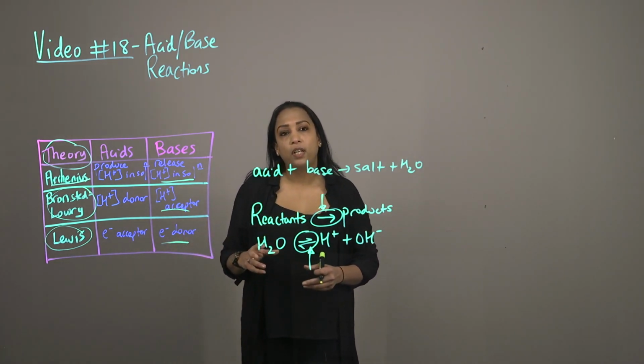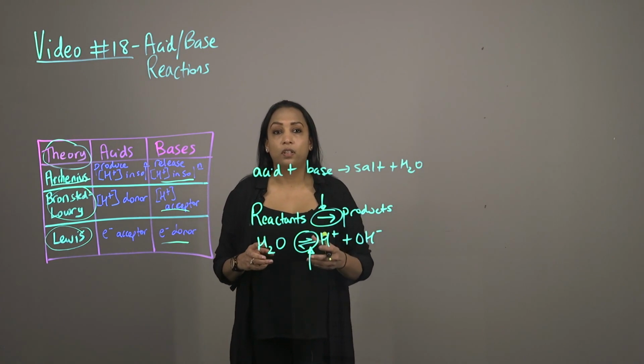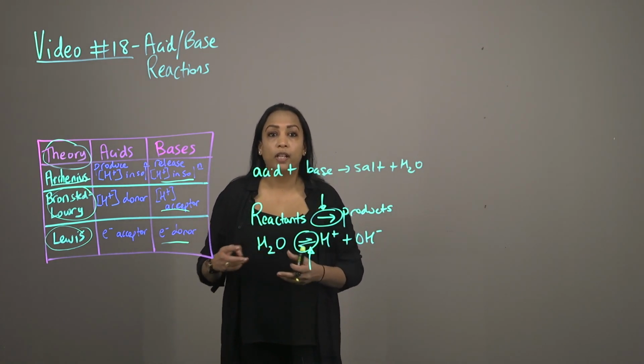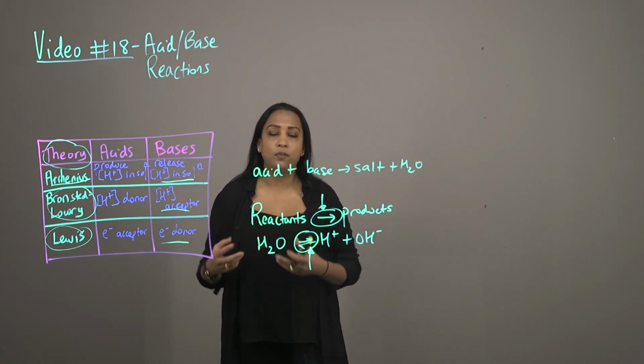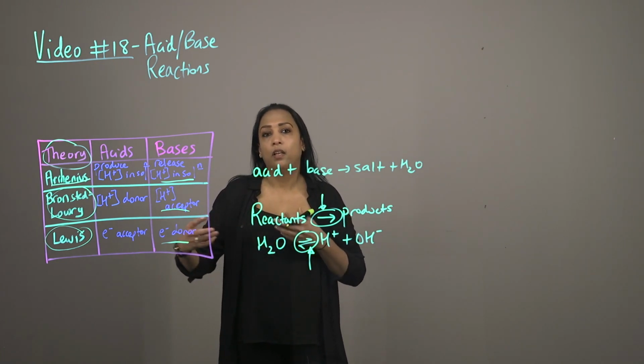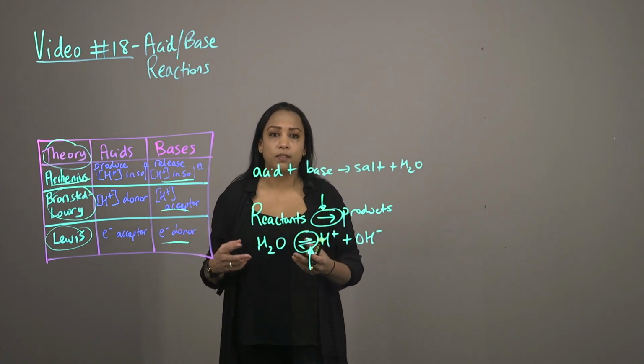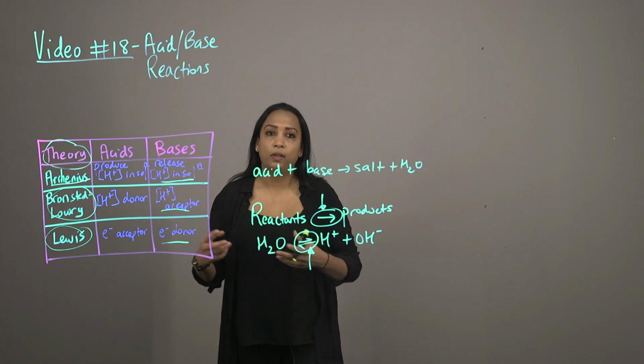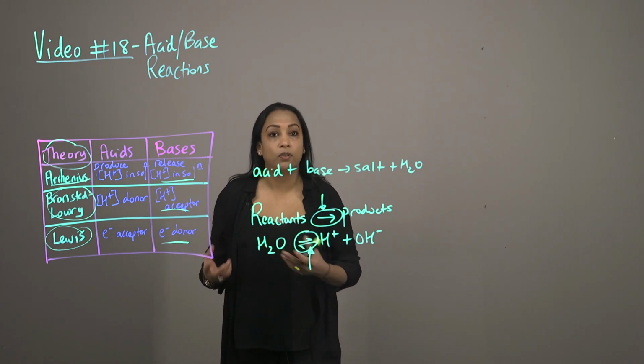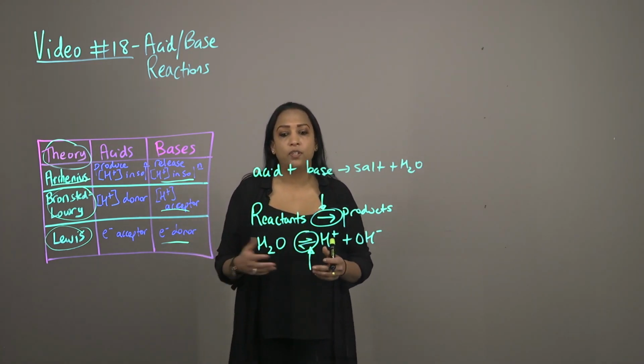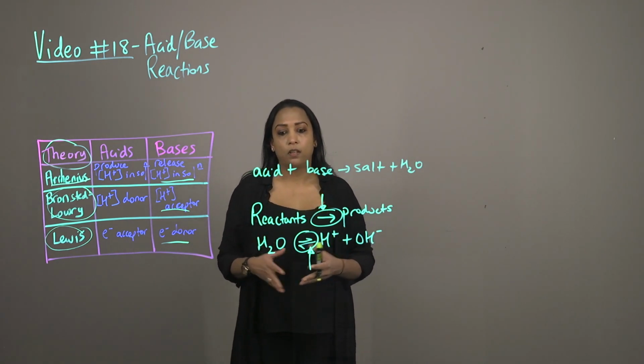Now in video 19, when we look at oxidation and reduction, we're going to explore this relationship between H+ ions and oxygen atoms in relation to electron acceptors and electron donors. But for now, let's just focus on acids and bases.